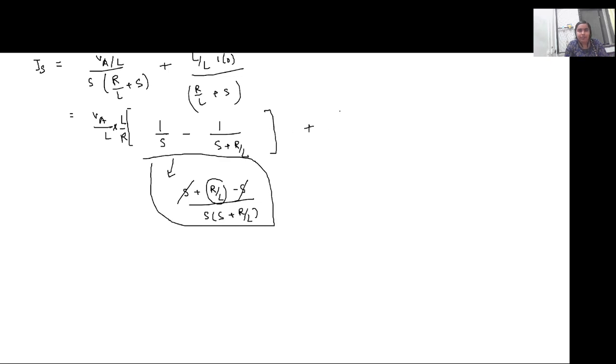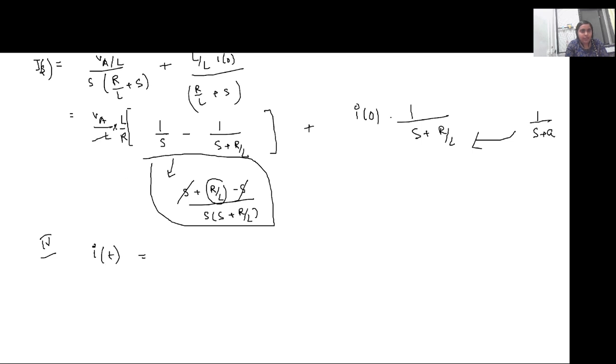Now this part is fine. It is I of 0 times 1 by S plus R by L. So this is of the form of 1 by S plus A. Now what we have to do is, this is in terms of S. Now we have to convert it back to the time domain, that is I of t.